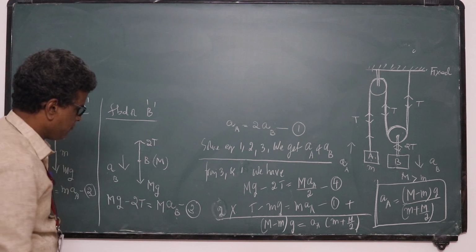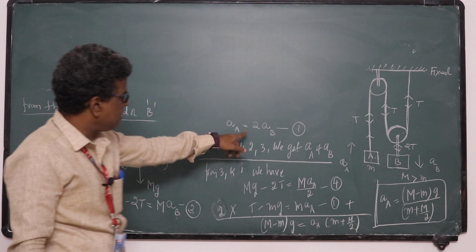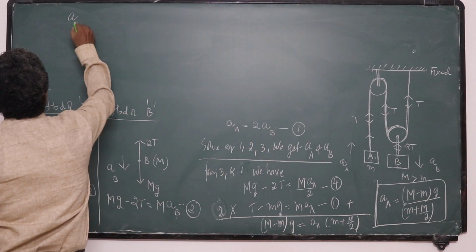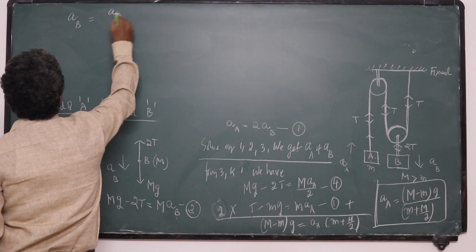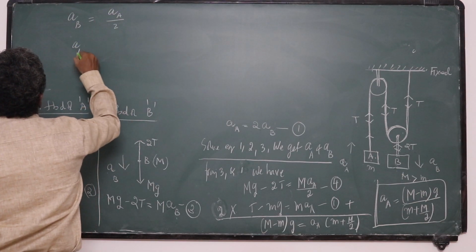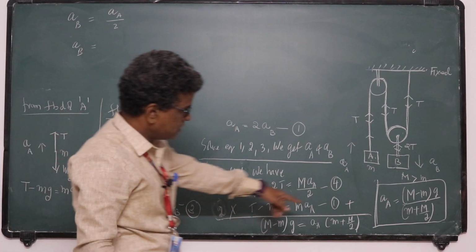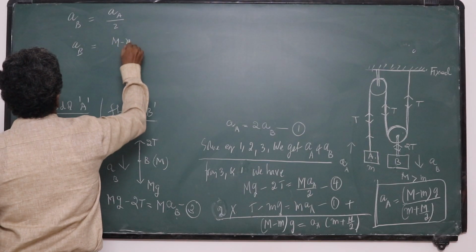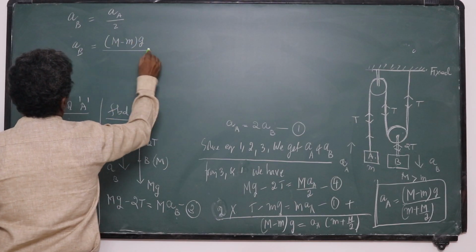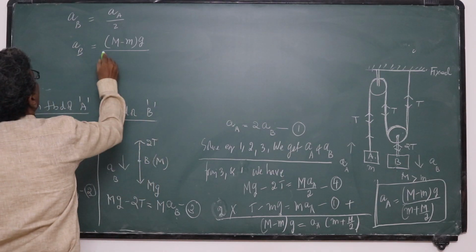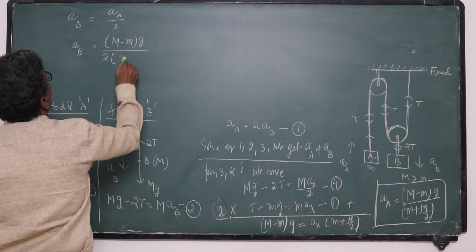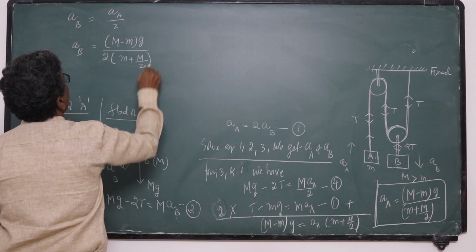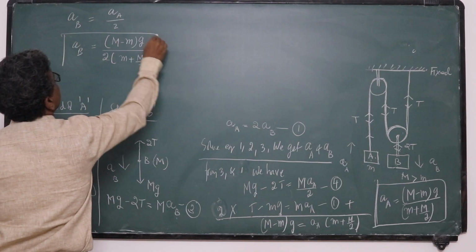You write here, acceleration of B is half of the acceleration of A. So acceleration of B is, what is acceleration of A by 2? You will write capital M minus small m of g, by, you multiply with 2, 2 of small m plus capital M by 2. So this is the answer.